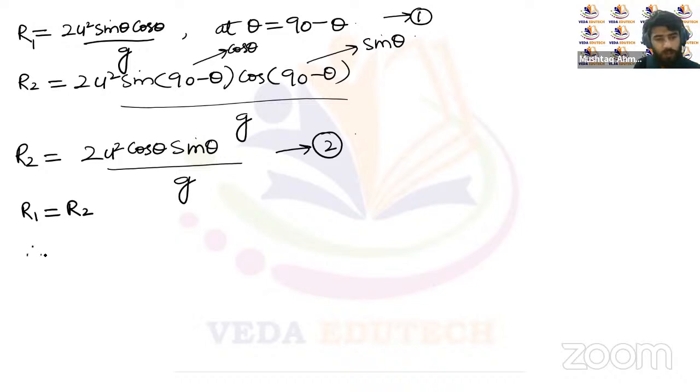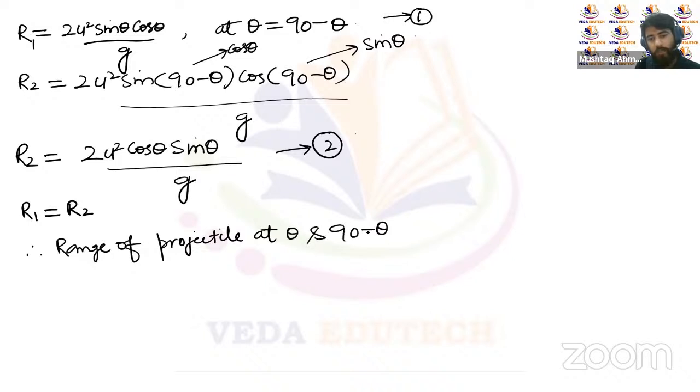Therefore, the range of projectile at theta and 90 minus theta will be the same. So the range of the projectile is not going to change, and R1 will be equal to R2 in that case.